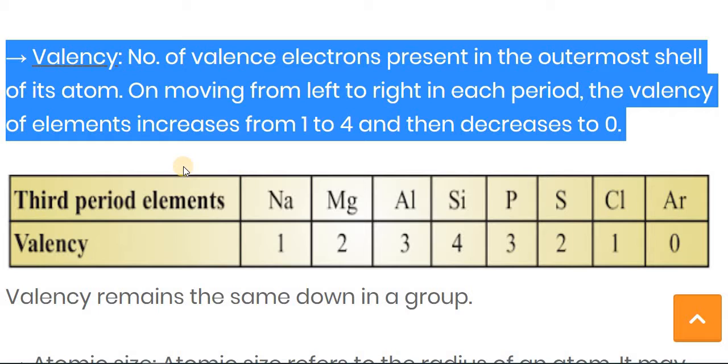So it is one property, that of valency. If you are talking about valency in a period, then moving from left to right, it increases till 4 and then decreases to 0. This is about the period.